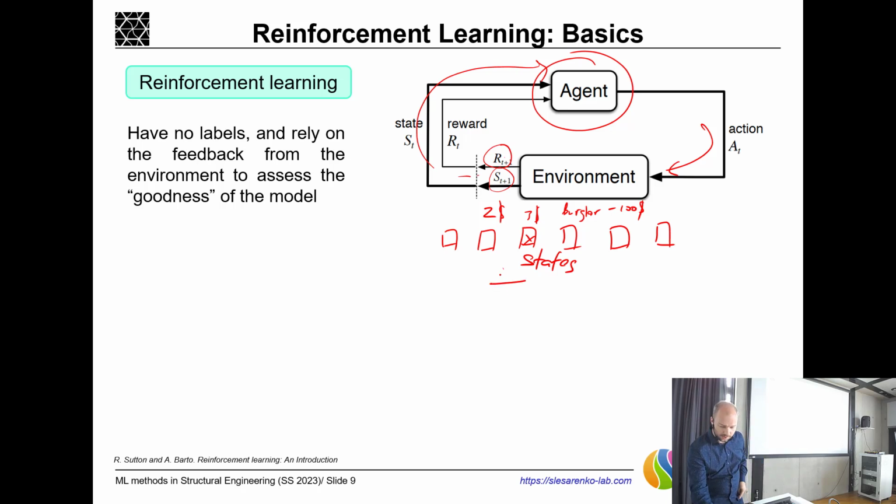So if we go left, which state we will go from this? From this state, we will go to this state, right? So we right now will be existing in this state, and for that we will get $2 reward just by moving here. In other actions that we can take, we can go right.